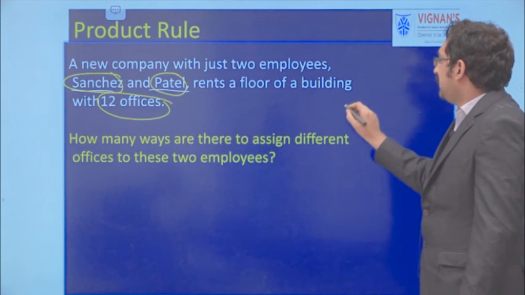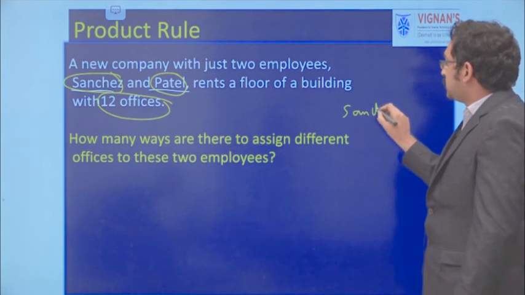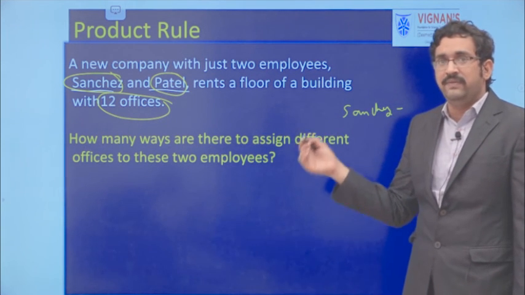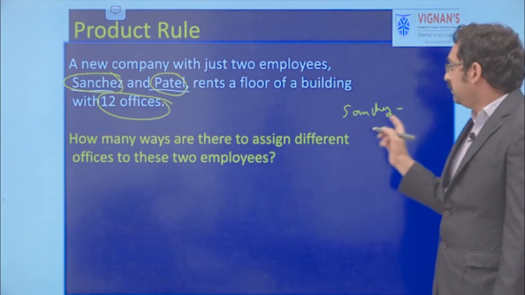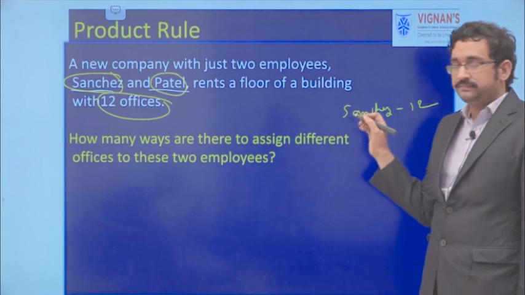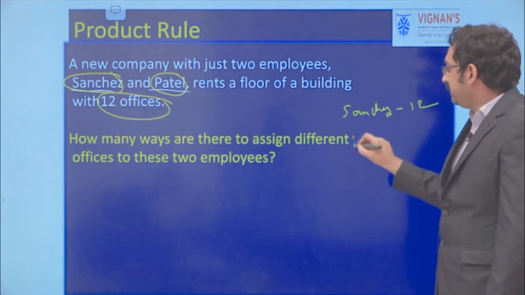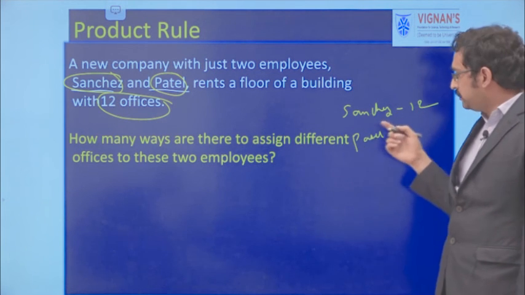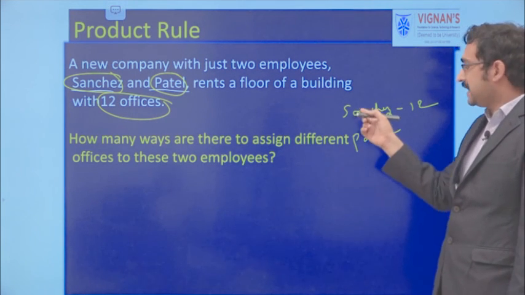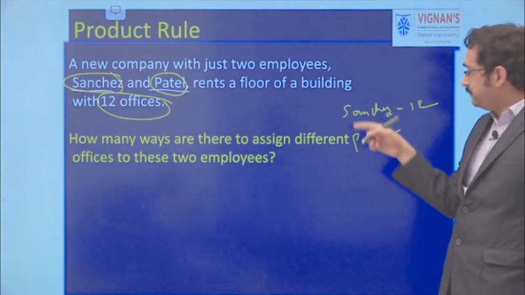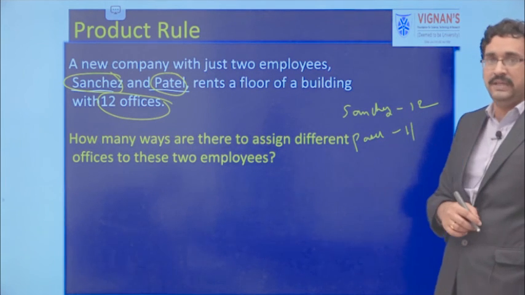For example, see the first person, Sanchez. Out of 12 offices, he can be given any office. So for Sanchez there are 12 possibilities. For the remaining person, the office allotted to Patel must be different from Sanchez's. Once Sanchez is assigned one, Patel will have 11 possibilities.